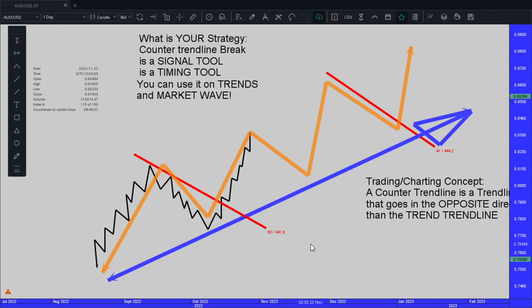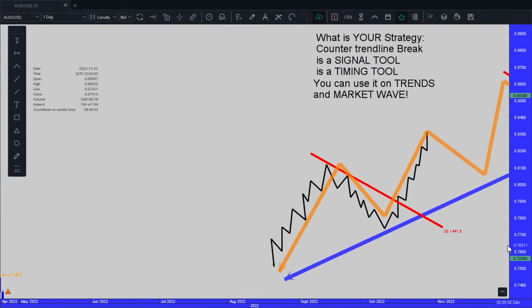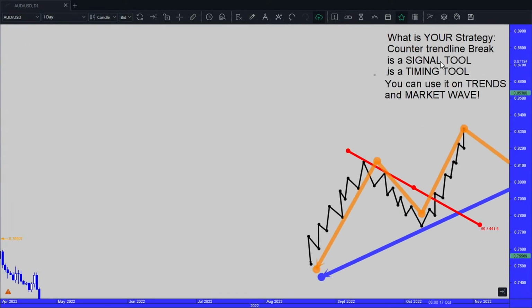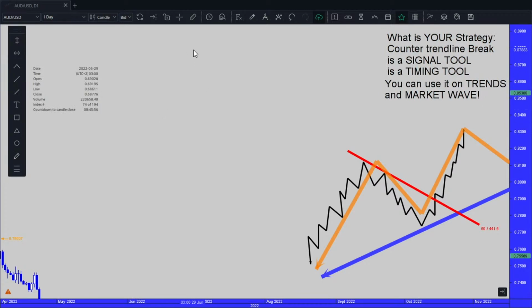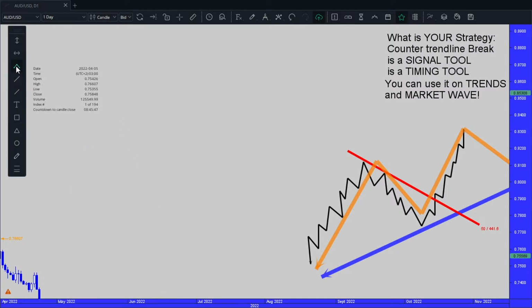Boss, what's the difference? Well, it's a great question, right? What's the difference? Sometimes up market wave, right? So give me a second, everybody.